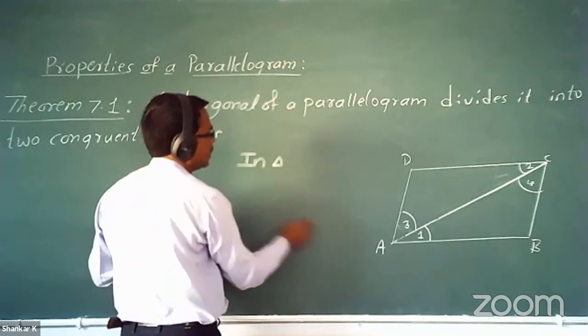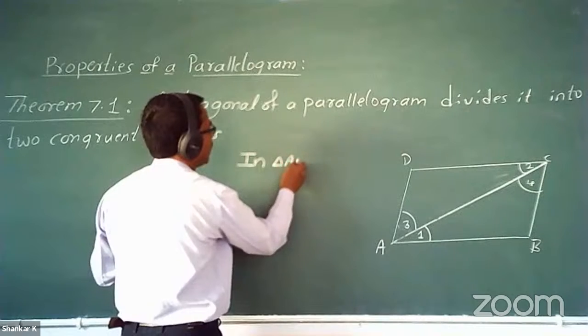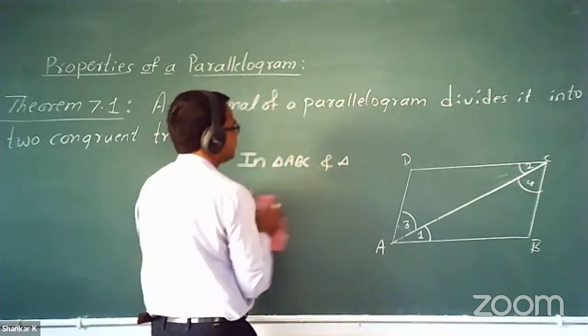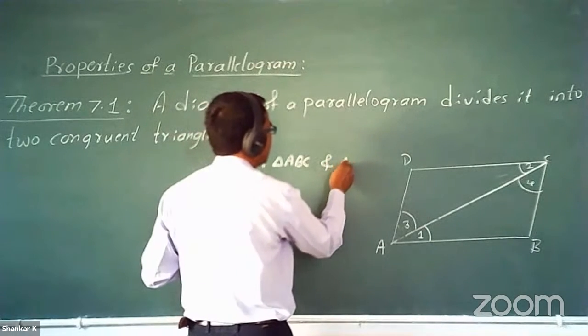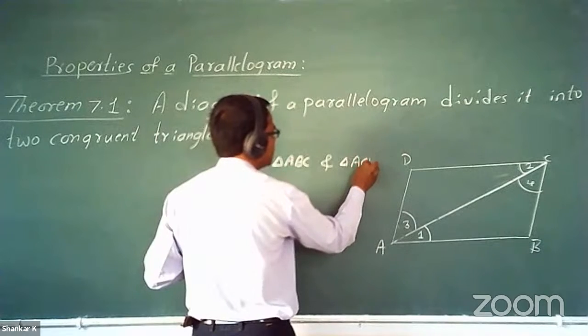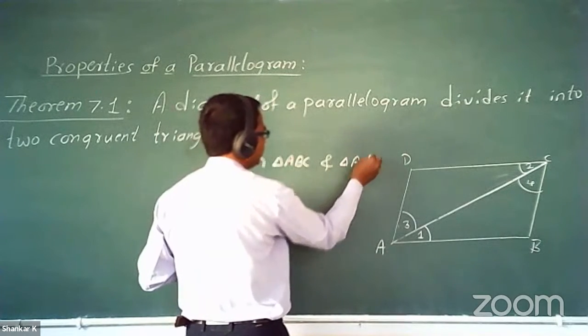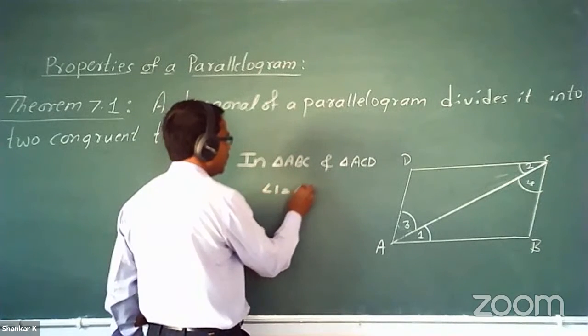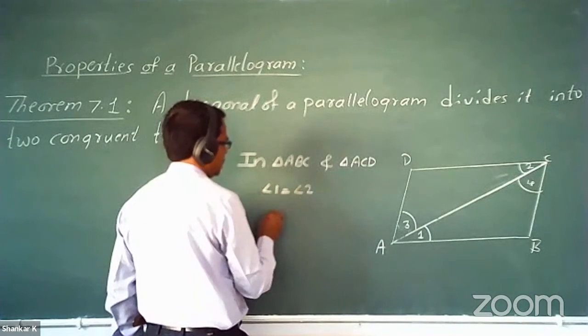In triangle ABC and triangle ACD, angle 1 equals angle 2, alternate angles.